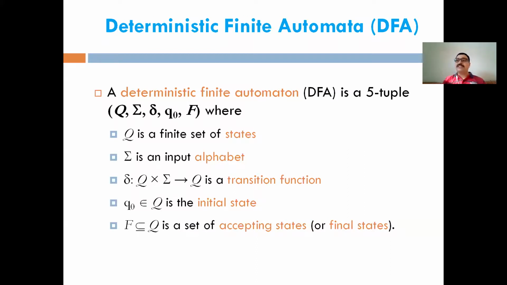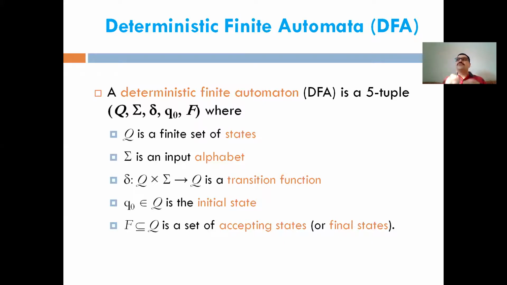Mathematically, we can also explain the same thing by using the tuple. So this deterministic finite automata can be explained by using 5 tuples, that is Q, sigma, delta, q naught, and F. The meaning of each tuple: Q is the finite set of states, means the total number of states belongs to the symbol capital Q. Suppose in a transition diagram there are 6 states, that is Q0 to Q5.